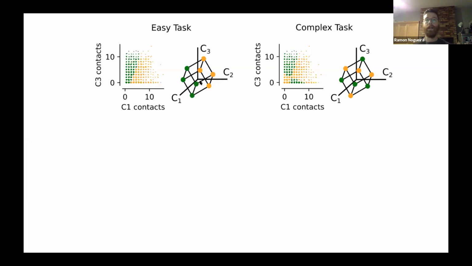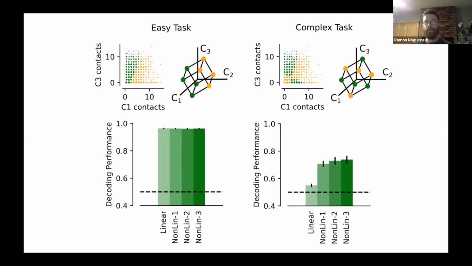that were the most important. On the contrary, we also had the complex task, which was defined as a nonlinear combination across whiskers. In particular, we were using an XOR, which is the most difficult nonlinear task possible. In a three-dimensional space, it's no longer called an XOR, it's called a parity.